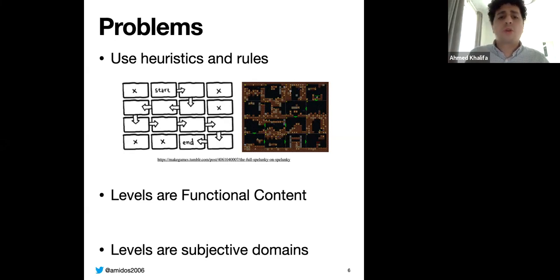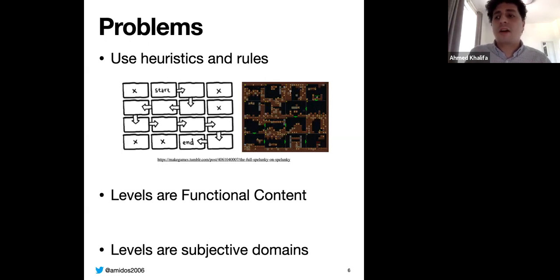And when you look more, people always look at level generation as an optimization problem. The reason is that levels are functional content. You can't have a level that doesn't work. For example, in a game like Super Mario Bros., if you have a big gap that you can't jump across, then the level is broken.